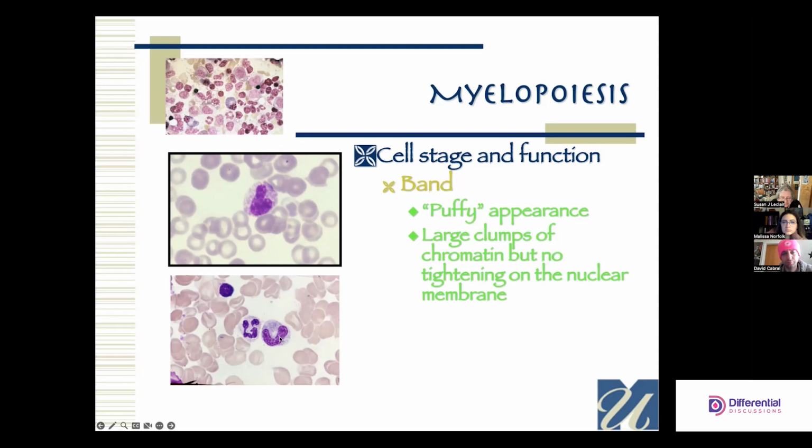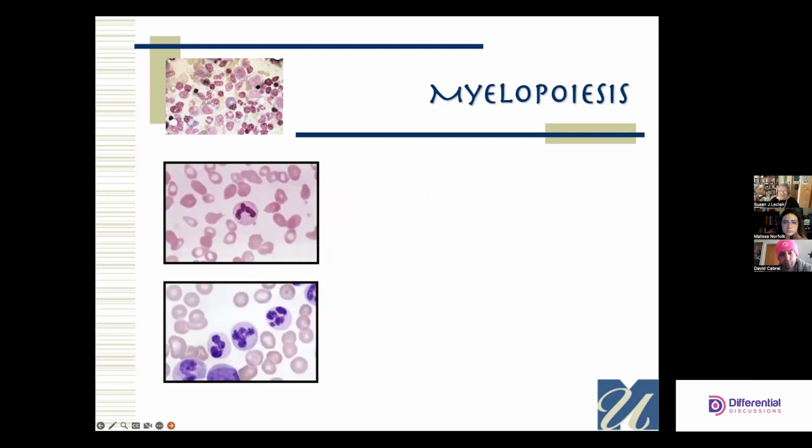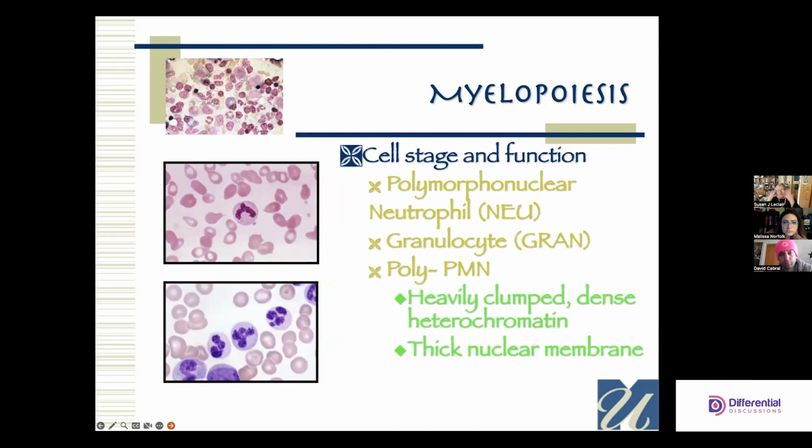As opposed to the lighter areas here, they're still light purple. If you want to go by color, they're spread evenly and gently across the cell. So bands, puffy, large clumps, but no tightening of the nuclear membrane. It's a relaxed sausage where, whichever name you currently want to use, for the end cell, they're twisted.